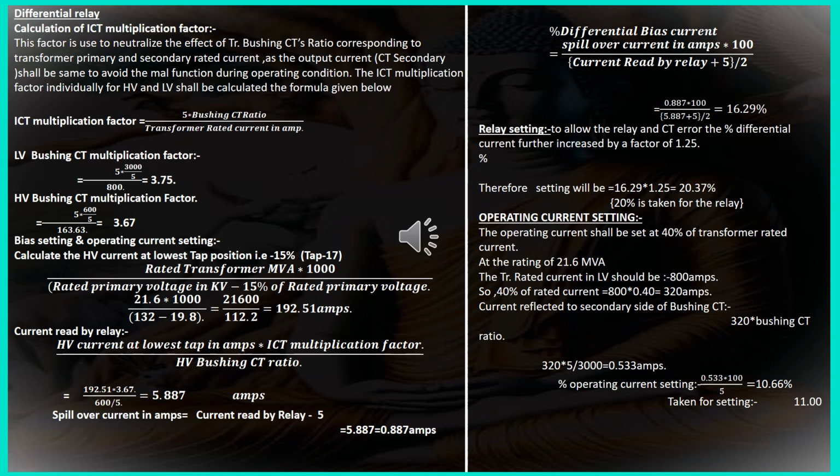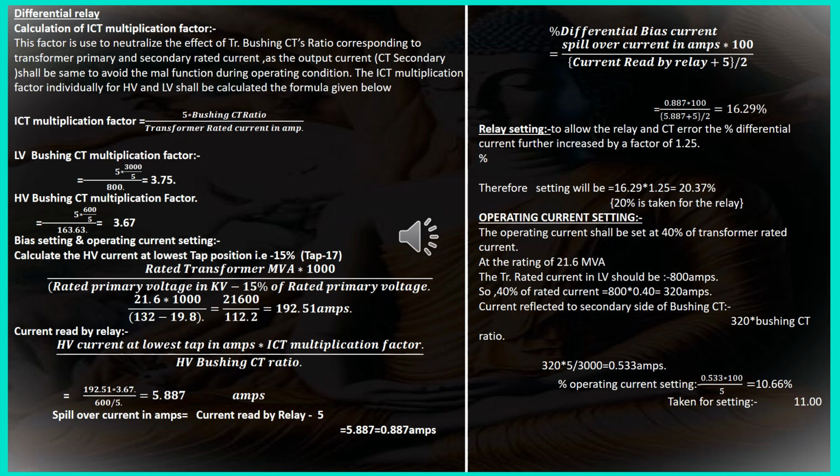Friends, here I have given the differential protection relay settings, but keep in mind the CT polarity. The main thing is the CT polarity.